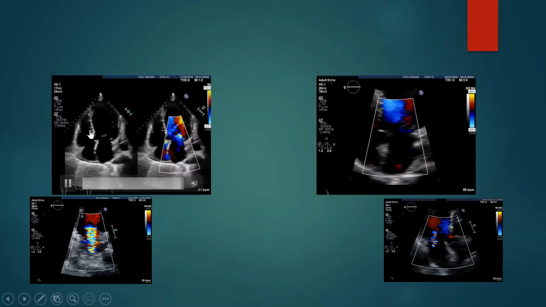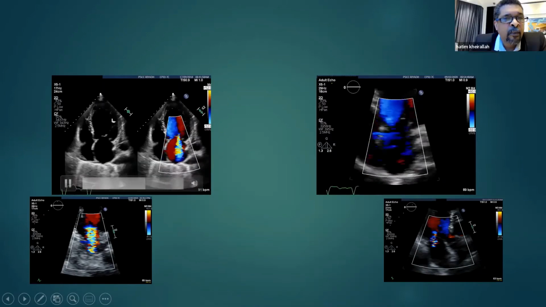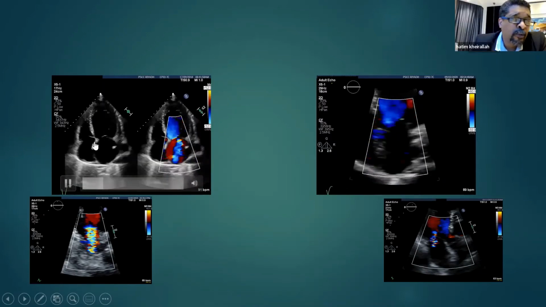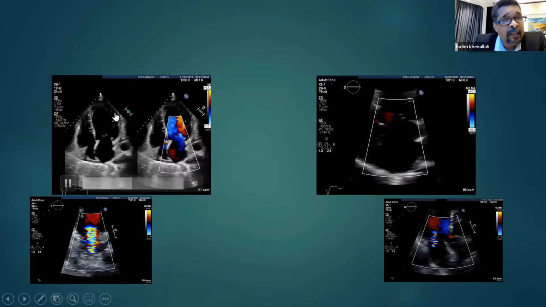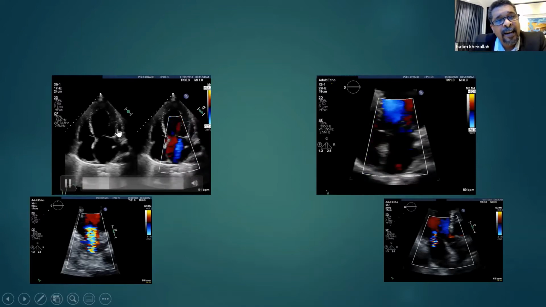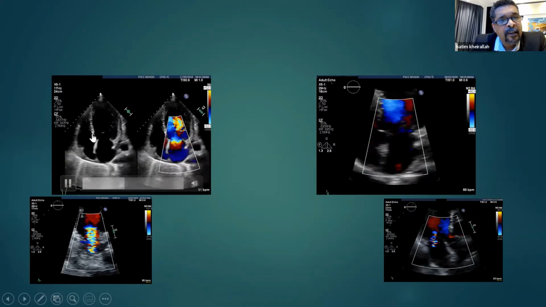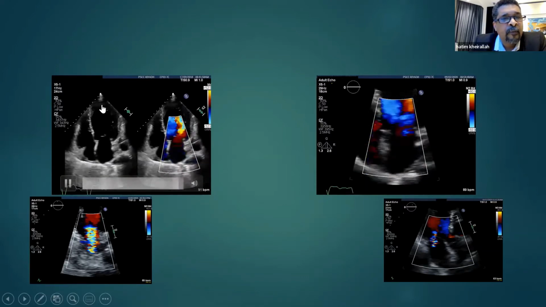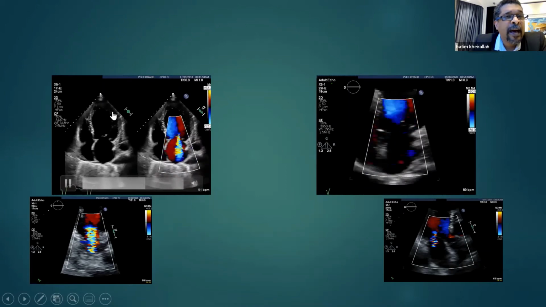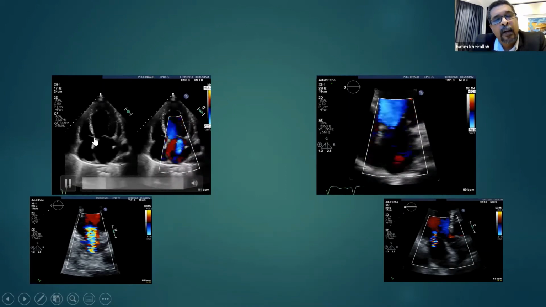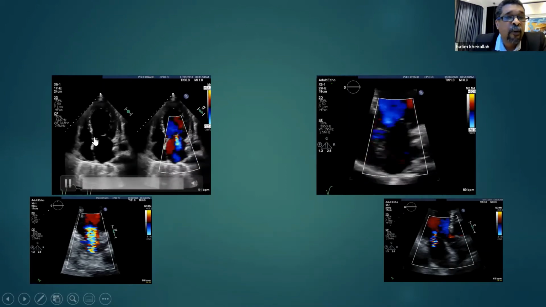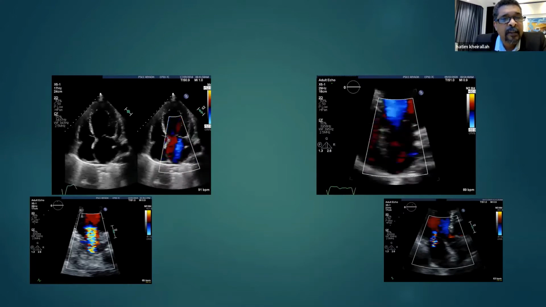But you did so well in this case, and it's more or less global. Though we are not seeing all the segments in this view, we are seeing the lateral, the apical, and the inferior septum, but all of them are uniformly hypokinetic. Okay, so this is kind of global hypokinesis.